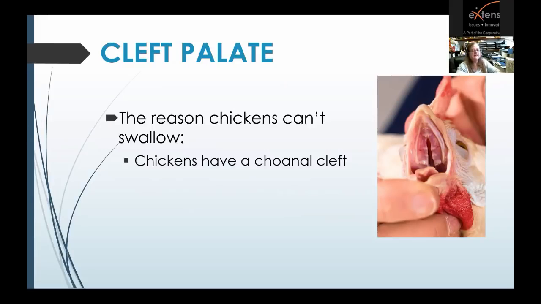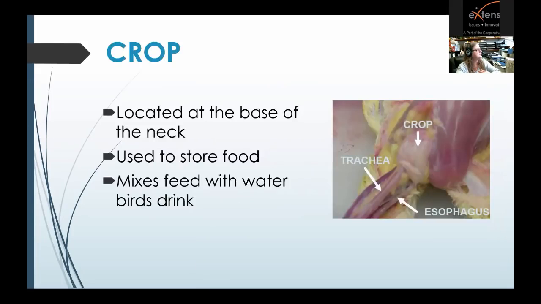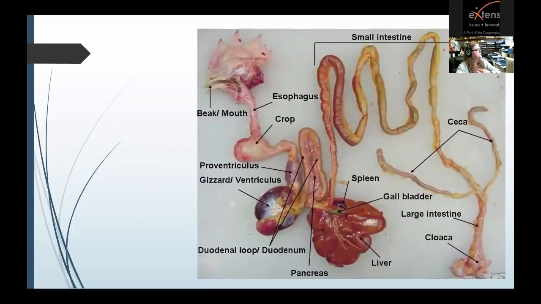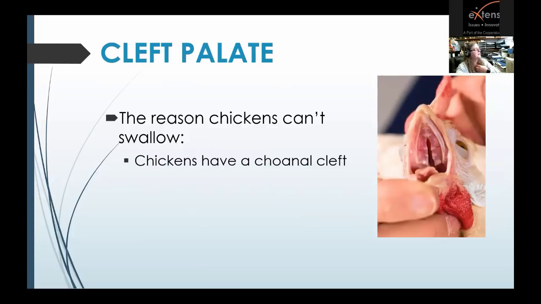When I said that chickens don't swallow their food, this is because chickens have a cleft palate. You can see the cleft palate here. I don't know if my arrow shows there, but this is the cleft palate. Because of the cleft palate, they cannot get a vacuum in their mouth, so that they can't swallow.